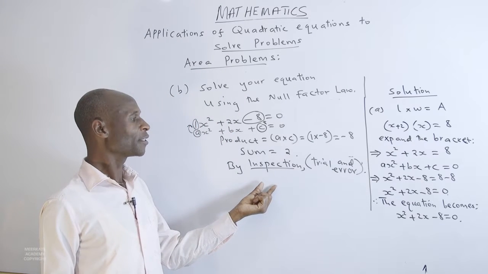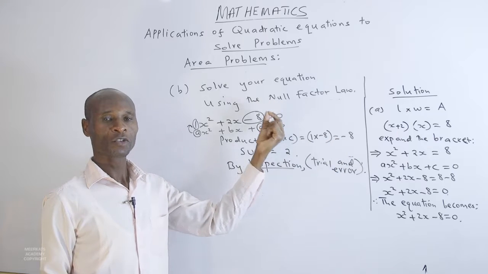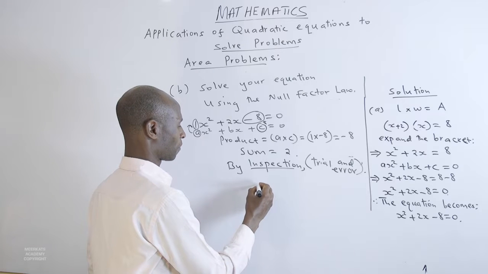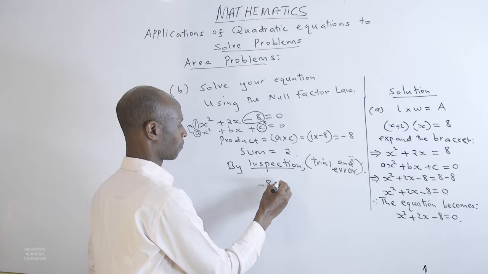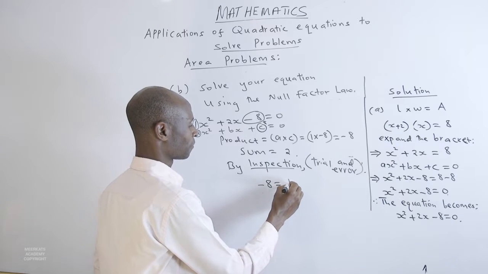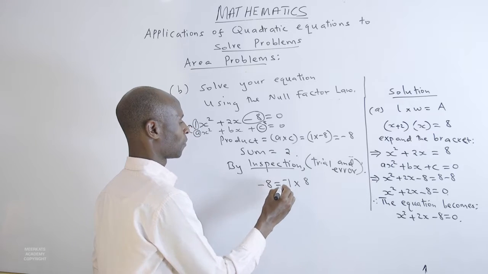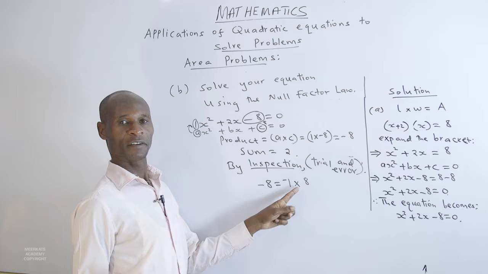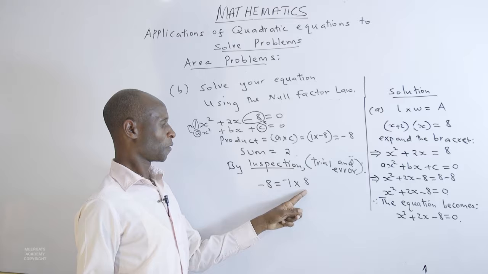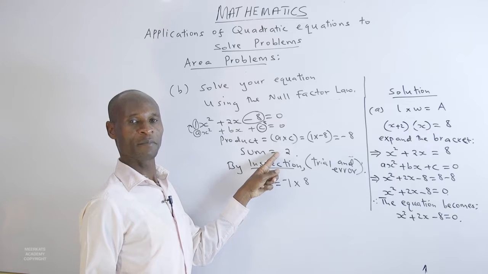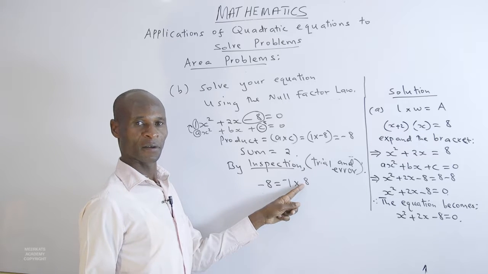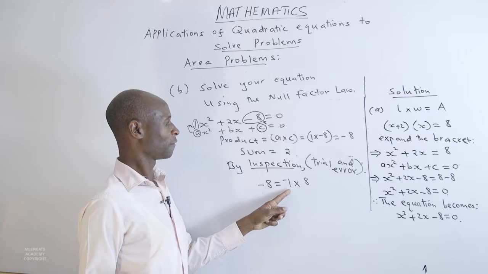If we look for those numbers, we find two factors that when you multiply, you get -8. The first one is 1 times 8, where 1 is negative, 8 is positive. For the sum to be positive, the larger factor must be positive, while the smaller one must be negative.